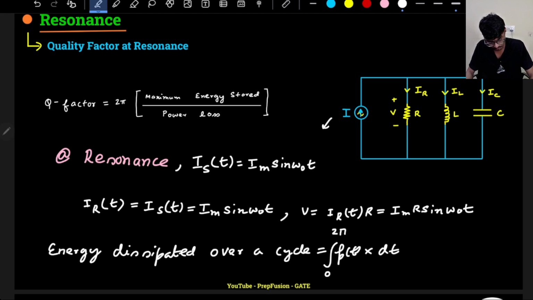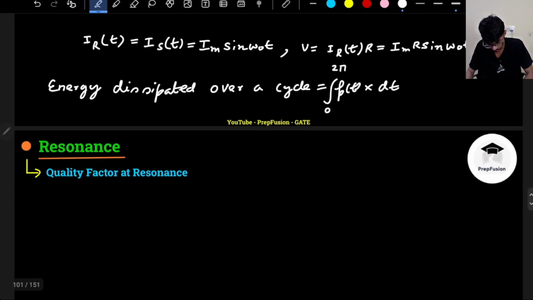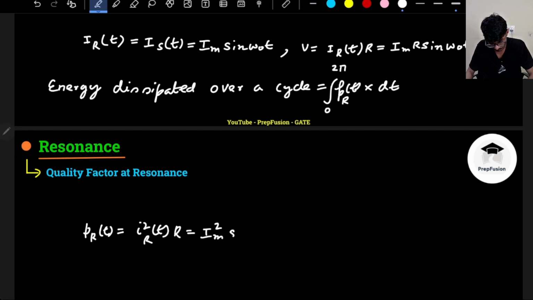So what is PR of t, the power dissipated across a resistor? It is I square R, so I square of t into R. This will be Im square sin square omega naught t into R.